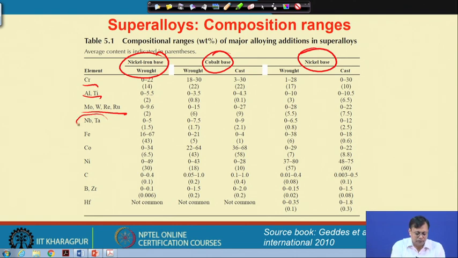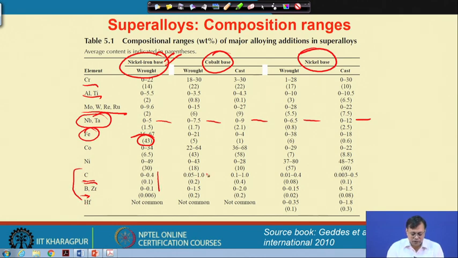The refractory metal and carbide formers are also added to some extent in all these alloy compositions, whereas iron content could be on average something like 43% in iron based superalloys, and carbon and boron are added to get basically the effect of carbides in most cases.